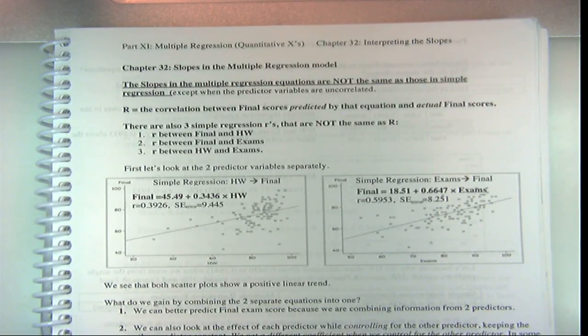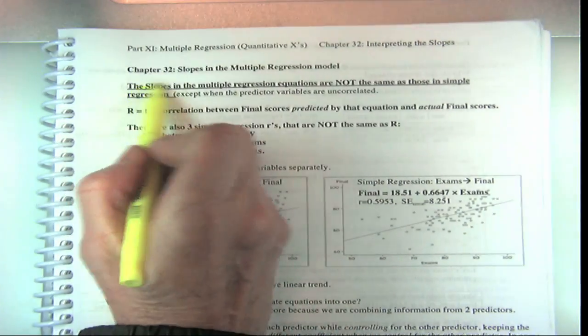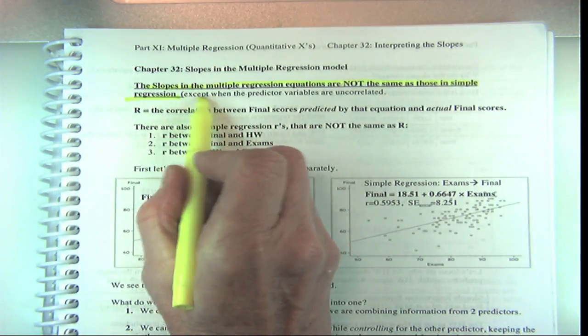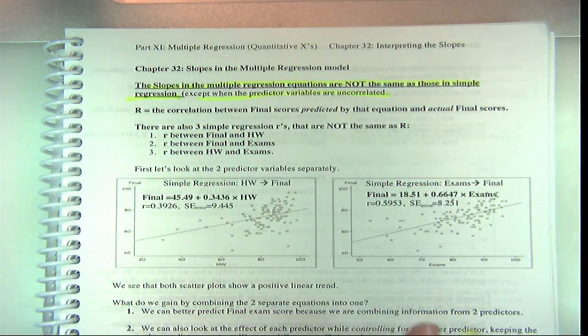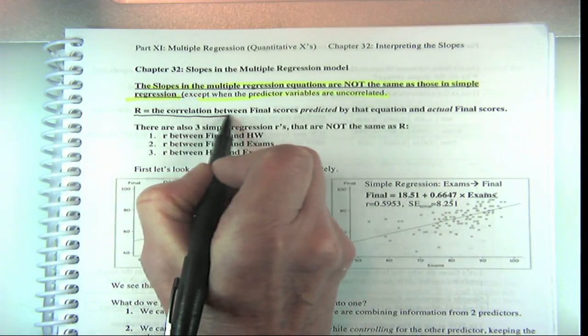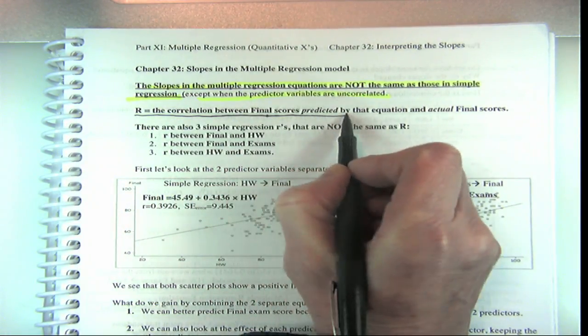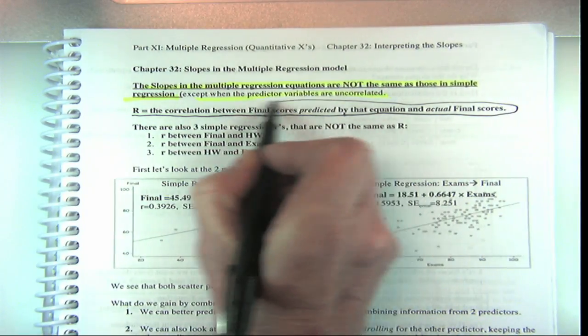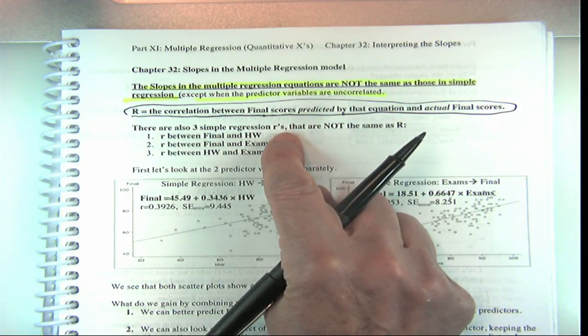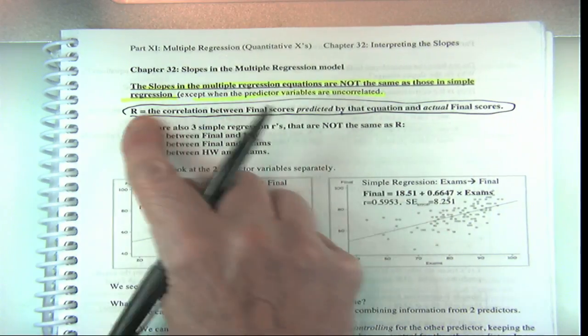One thing you'll notice, very important, is that the slopes are not the same as those in the simple regression, except when the predictor variables are uncorrelated. As we said before, the capital R, right here, we just defined it, is the correlation between the final scores, the predicted ones, and the actual. But now there are also these three little r's, which are the correlations. They're not the same as this one.